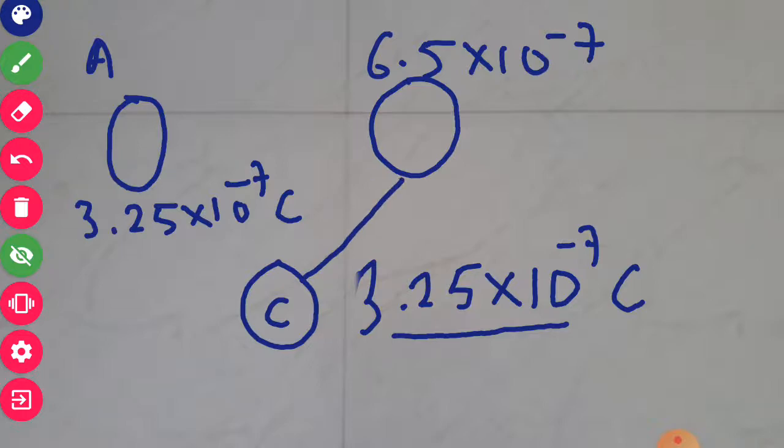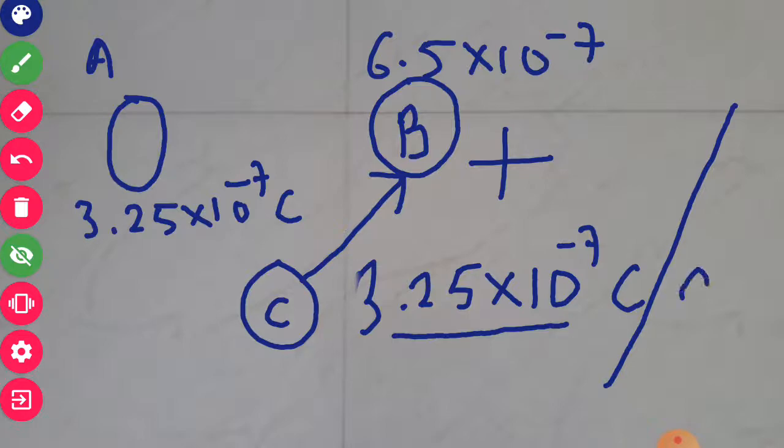Now it is brought in contact with B. So both these charges will be added and then they will be redistributed by dividing by 2. Half of the charge will remain on B and half of the charge will remain on C. So 6.5 plus 3.25, so it will become 9.75 into 10 raised to minus 7 coulomb, and half of this will go on B now.